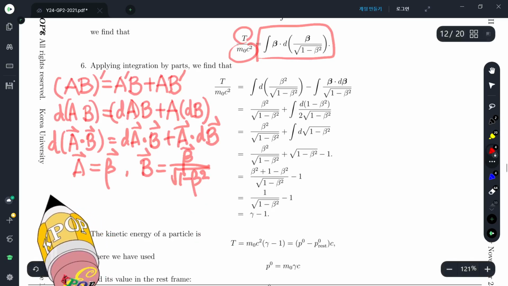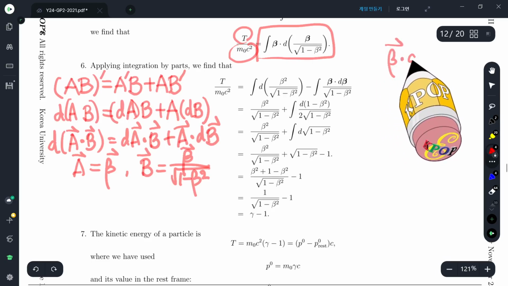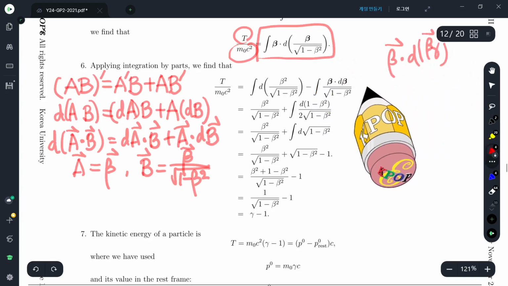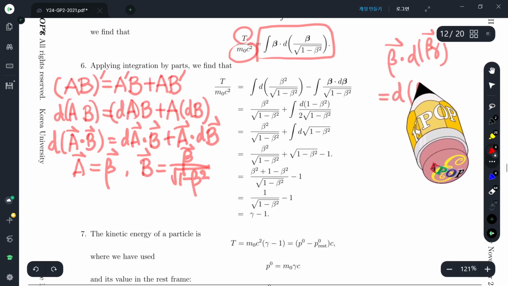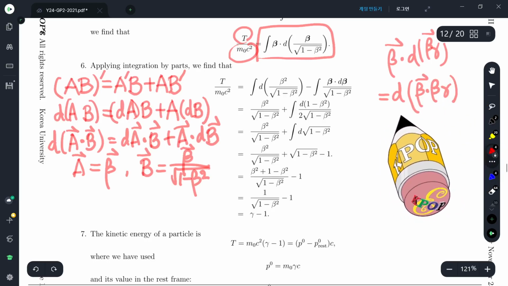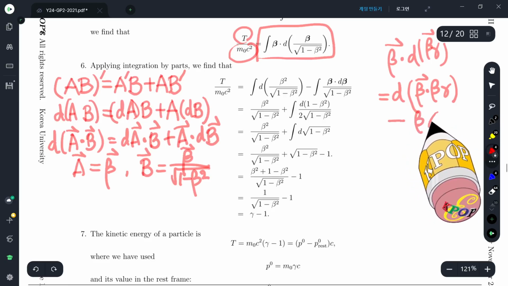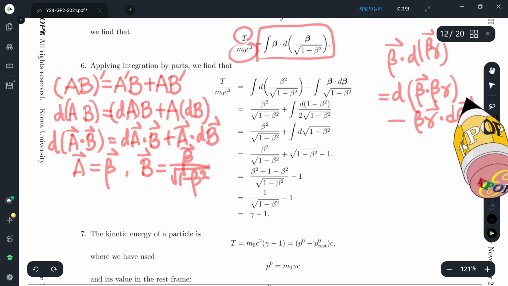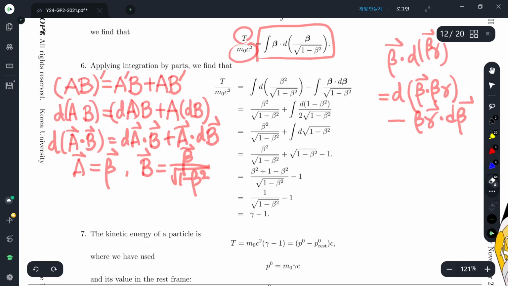So beta dot d(beta gamma) equals d(beta dot beta gamma) minus beta gamma dot d beta. No, gamma is not a vector.